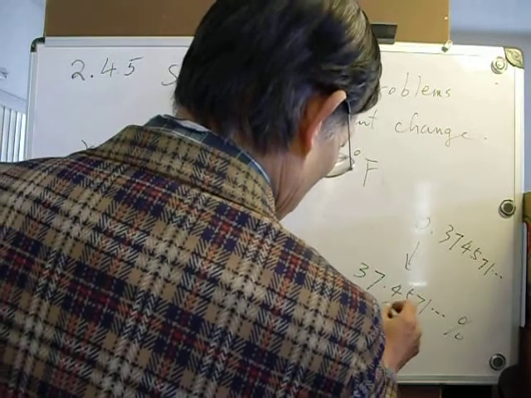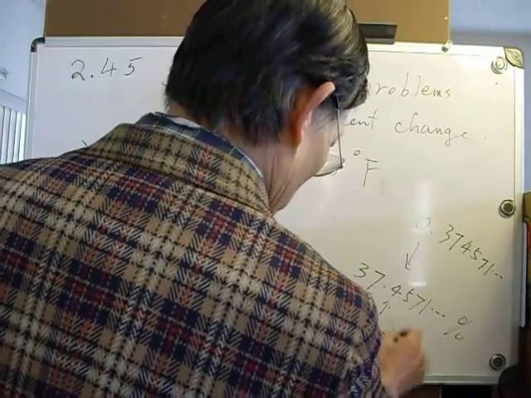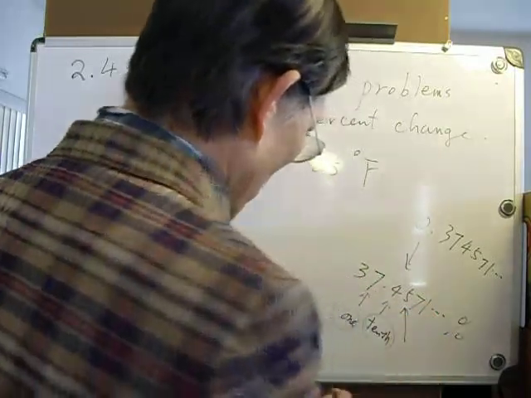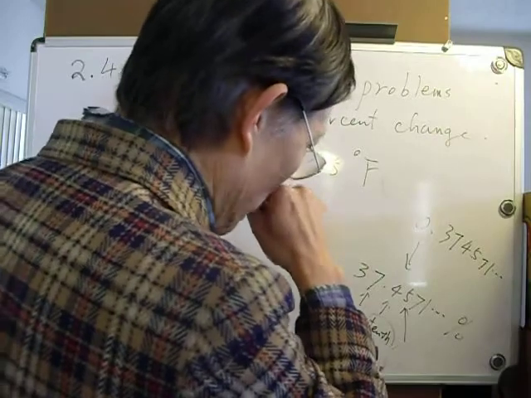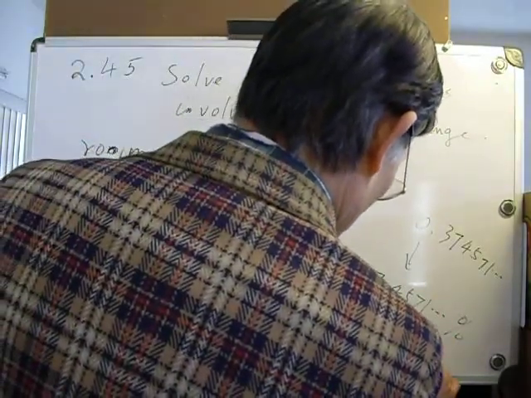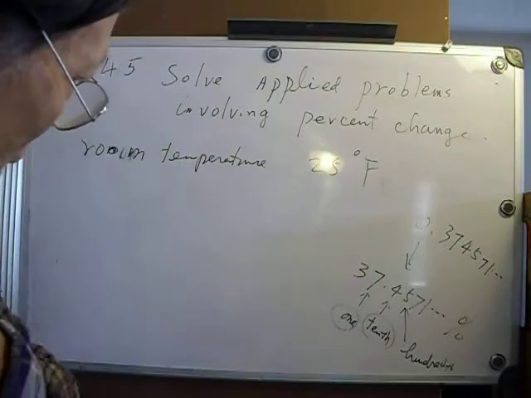This is the nearest one. This is the nearest tenth, T-E-N-T-H. Remember these words; these are the most popular ways they ask the question. This is hundredth, H-U-N-D-R-E-D-T-H. This one is thousandth, which is very rarely asked.